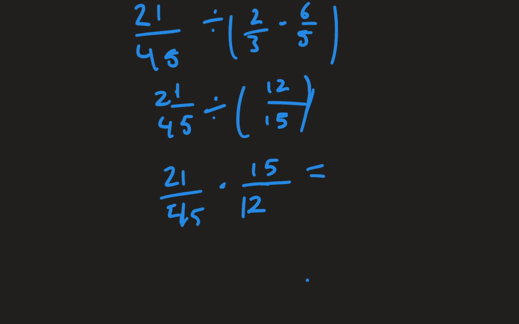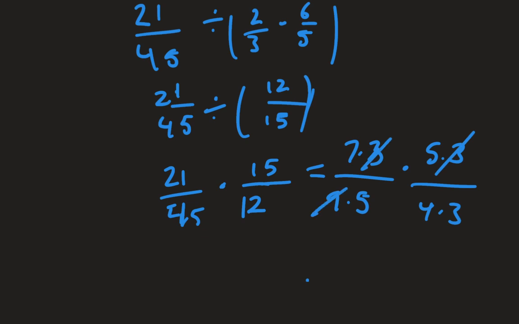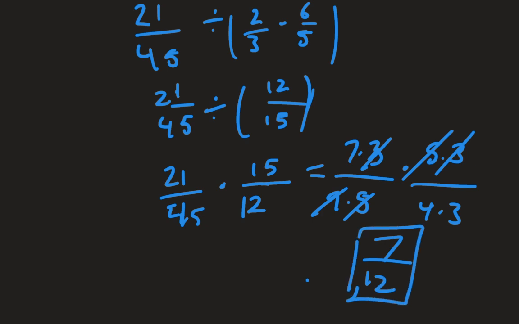We can write this by the prime factors: 7 times 3 over 9 times 5, times 5 times 3 over 4 times 3. And 3 times 3 right here is 9, and the 5s cancel. That gives us 7 over 12 as our answer.